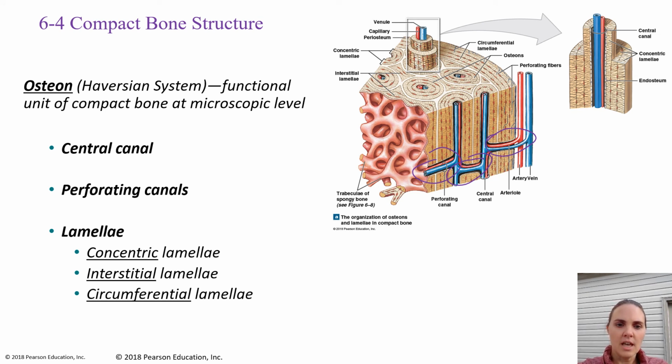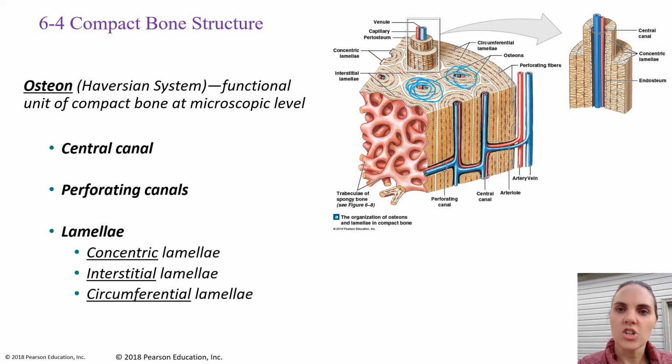So if we're looking at the different lamellae, we've got our concentric lamellae, which are the rings that make up each osteon. Then we've got our interstitial.